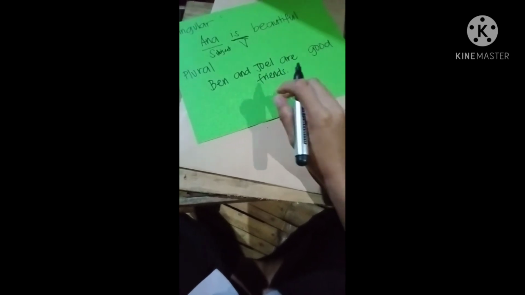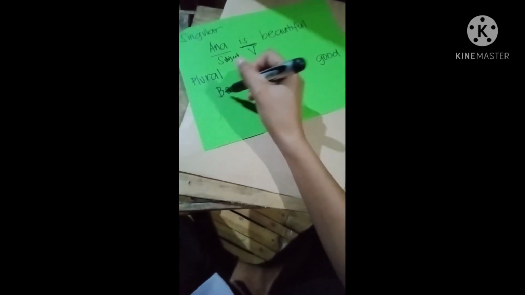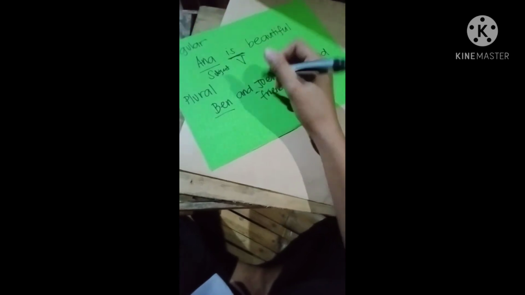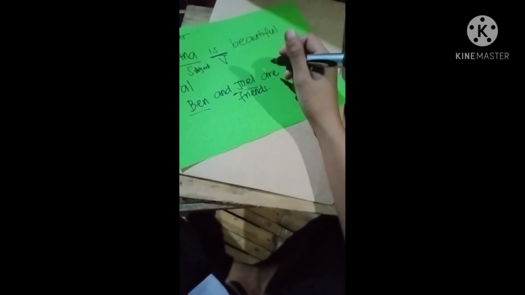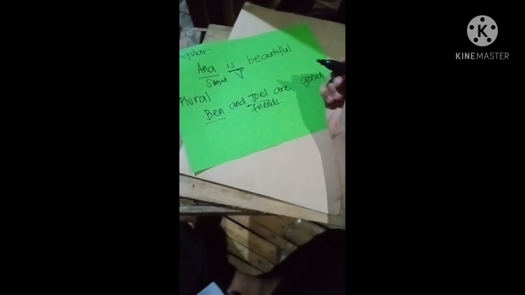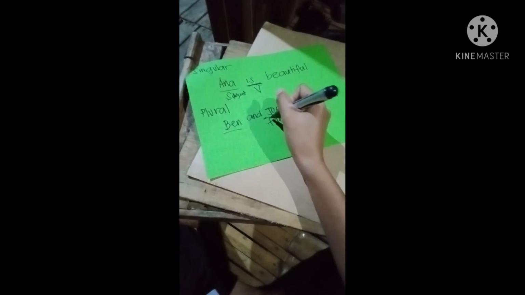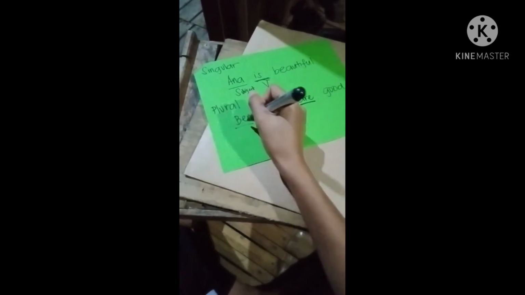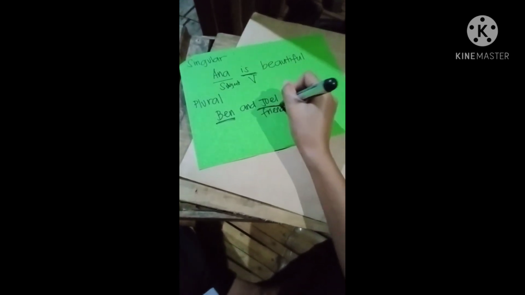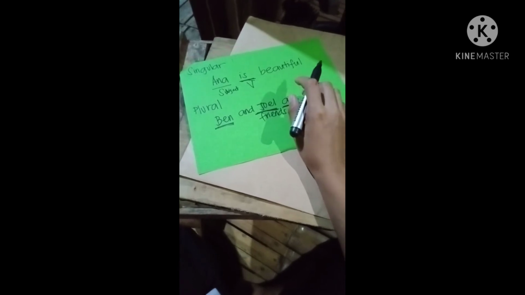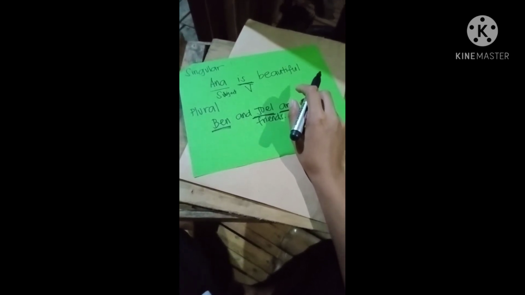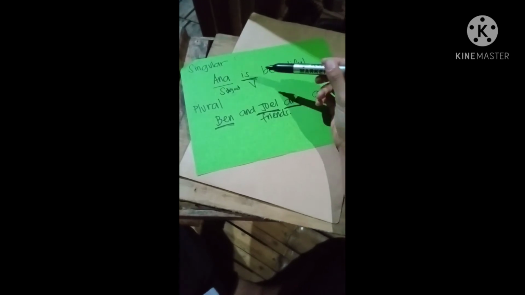In plural, we have Ben and Joel. So we have two subjects, so we are going to use are because there are two subjects. It is in the cardinal rule that a plural subject must also have a plural verb. So it shows in here.